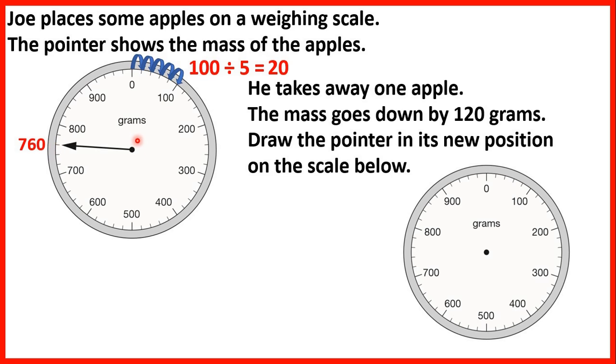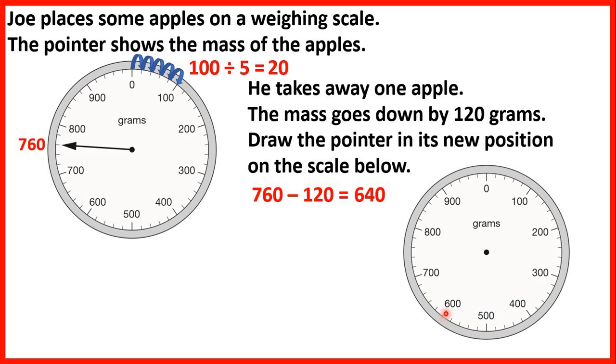So he has 760 grams of apples, but then he takes away one apple and the mass goes down by 120 grams. So we need to subtract 120 grams from the 760 grams that we start with. And 760 minus 120 is 640.